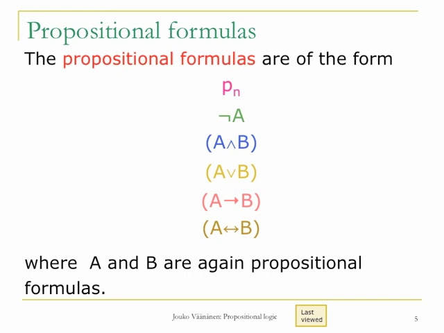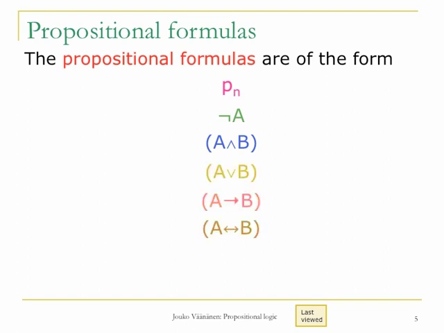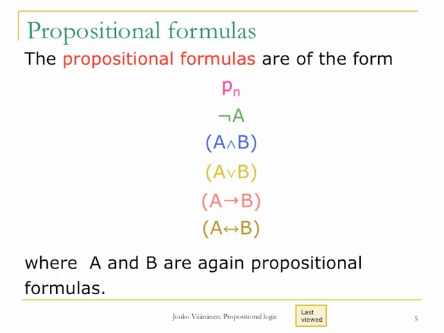Whenever we have obtained in this way some formulas A and B, we can form a new formula by applying negation to one of them or applying conjunction, disjunction, implication or equivalence to the two. And there are no other propositional formulas. Each one has to come up like this. In a moment we look at examples of propositional formulas, but let us first look at the use of parentheses in propositional logic.